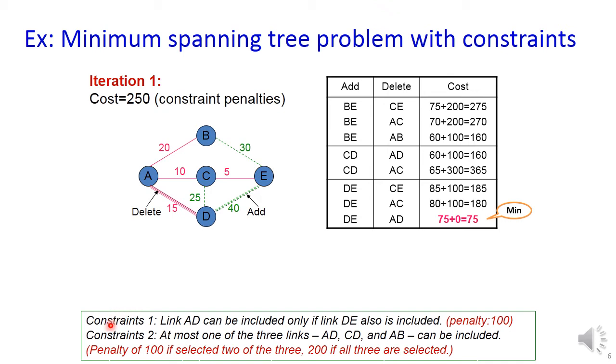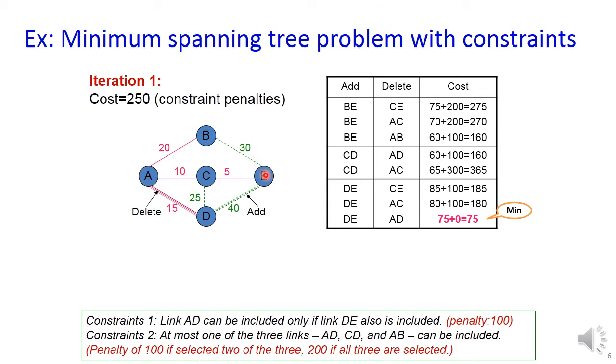Then due to the penalties of constraint 1 and constraint 2, the penalty is 200, so altogether it is 275. Similarly, for the next one, add BE and delete AC: the cost of the spanning tree will be 70 and the penalty will be 200, so overall it is 270. For the third one, 60 plus 100, since only one constraint is violated, it is 160. So this is about adding BE.